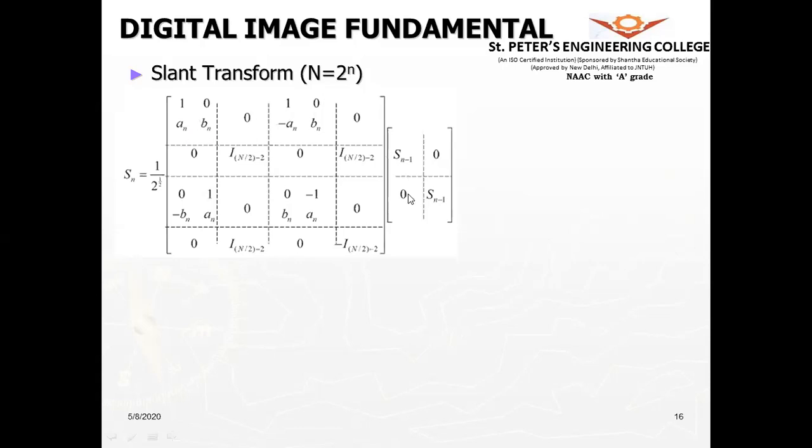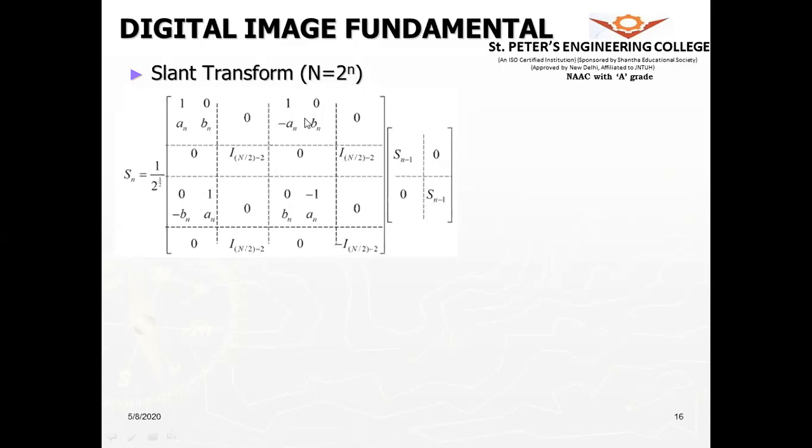Now let me give a clear idea on what the transform elements are here. If you observe the first element here, it is 1 and 0, and then we have an and bn. So these are the only 4 elements, and this 0 here with this box here, you can use it to add more elements.